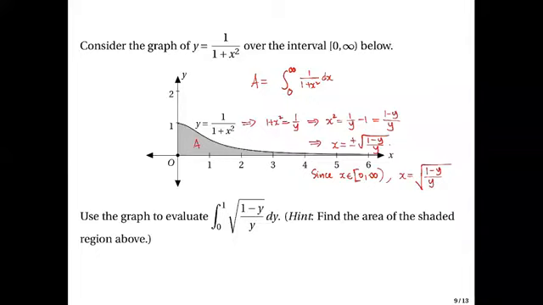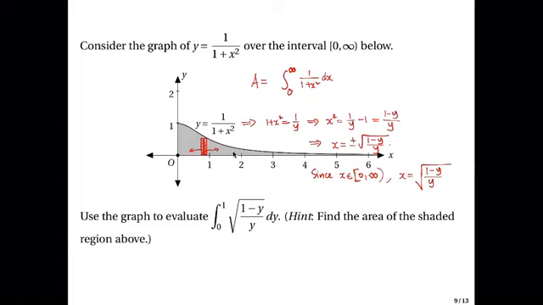Now, if you look at this improper integral, with respect to the shaded region, it looks like we are getting the area of the shaded region using vertical strips. Correct? So this vertical strip moves to the left or to the right, and then it will cover the shaded region.